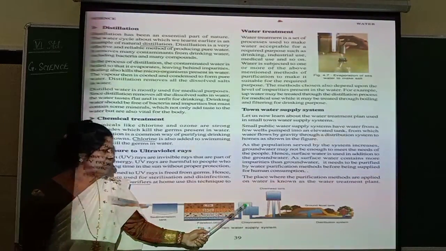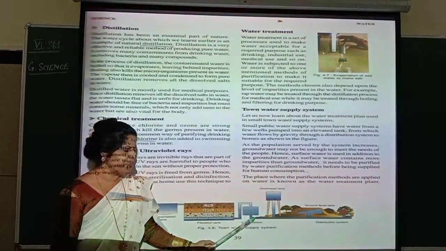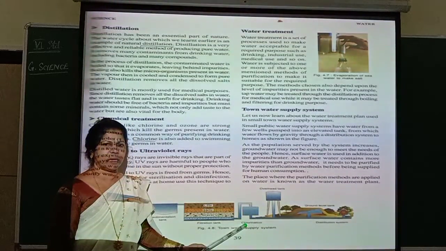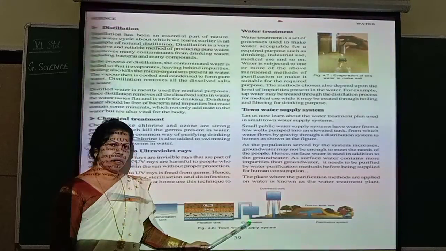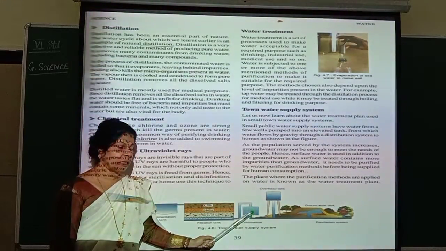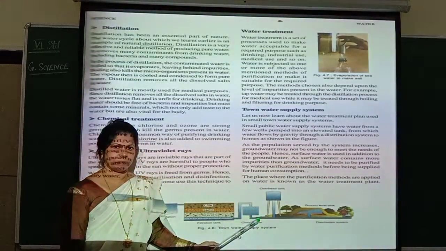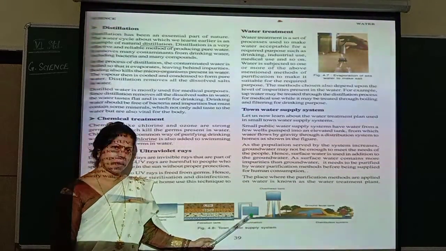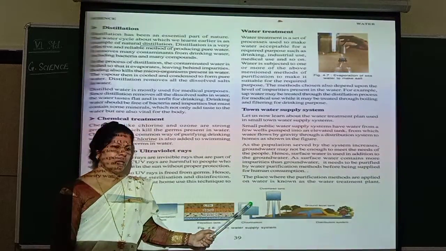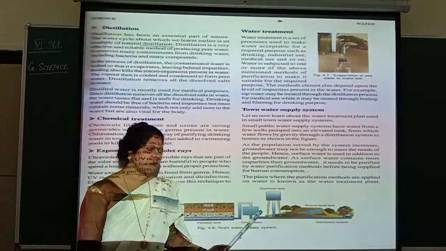After that, the filtered water goes to this tank, where chlorine is added. It is called chlorination. What does the chlorine do? If there are any impurities, by the action of chlorine those impurities will be separated. So that is chlorination, purification of water.